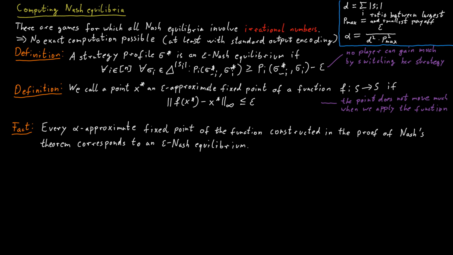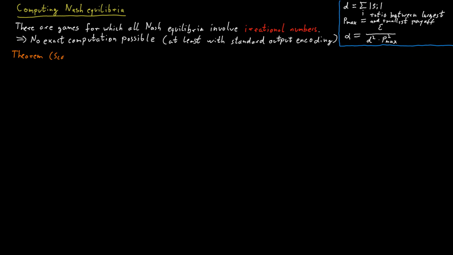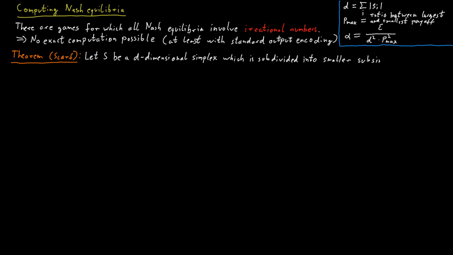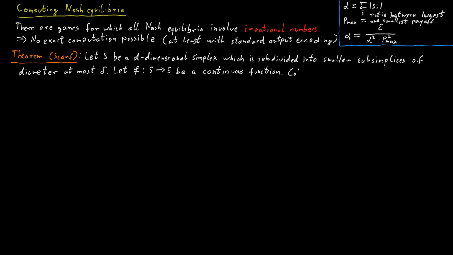And Scarf's theorem formalizes exactly this idea. So let S be a d-dimensional simplex, which is subdivided into smaller subsimplices of diameter at most delta. Now, let f be some function from S to S, and this function should be continuous.